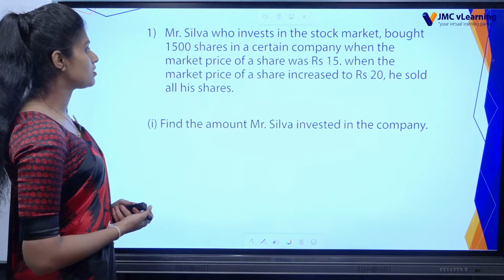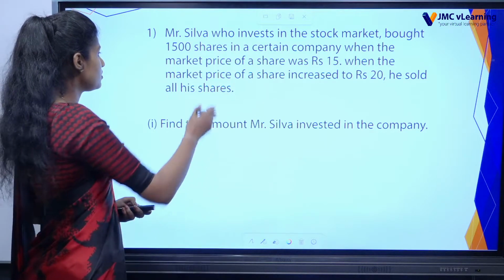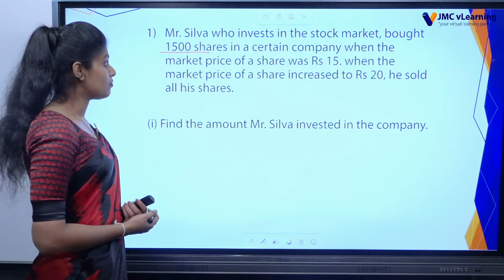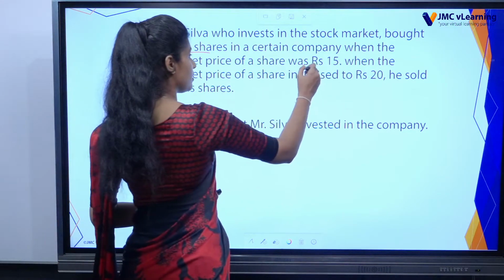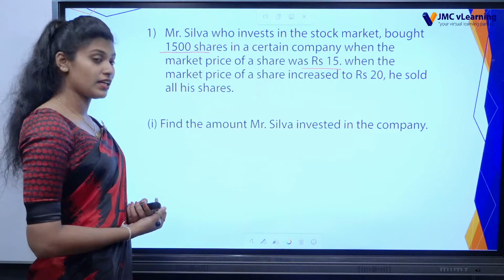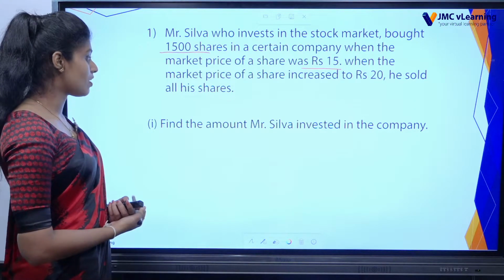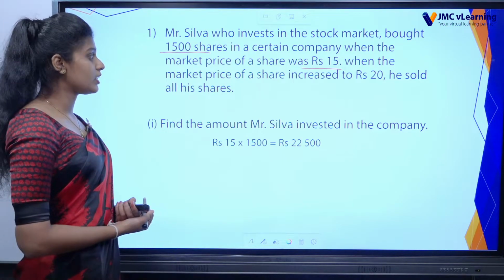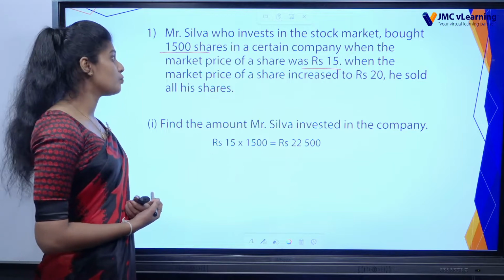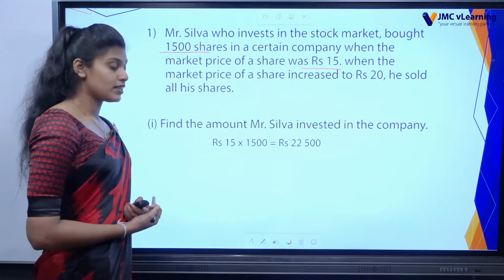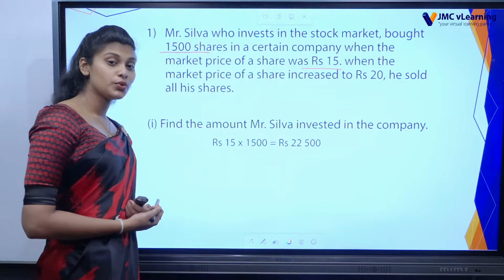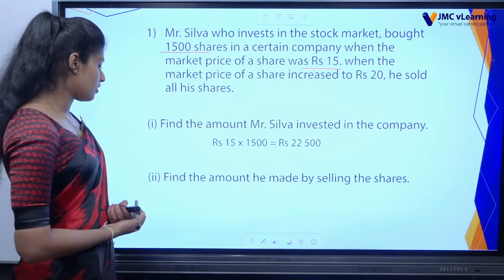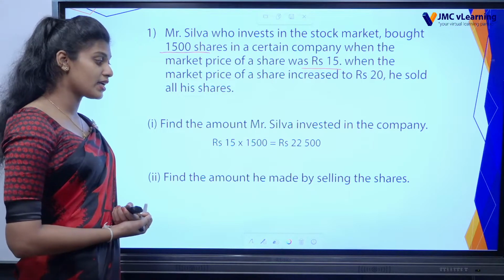How many shares did he buy? 1,500. The value of one share is 15 rupees. How can you find how much Mr. Silva invested? 15 multiplied by 1,500 is equal to 22,500 rupees.